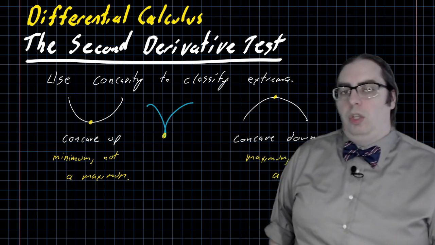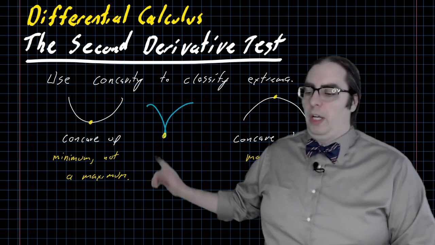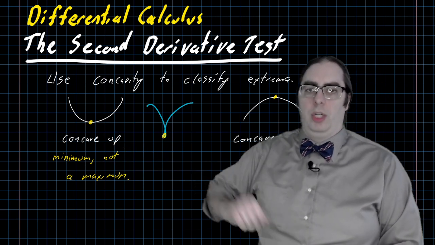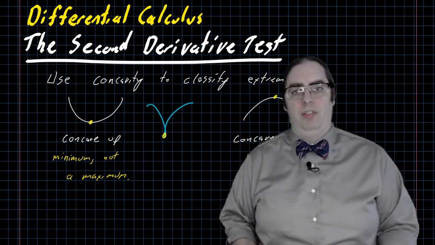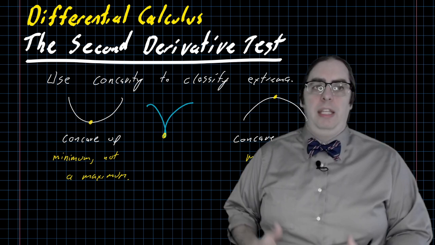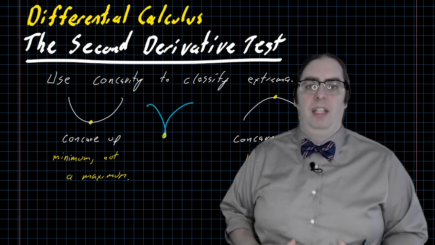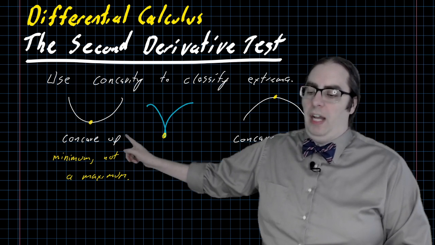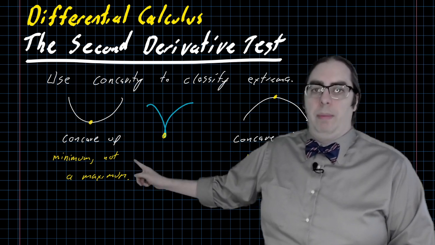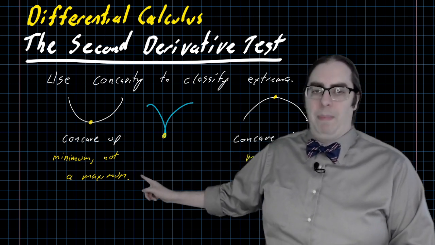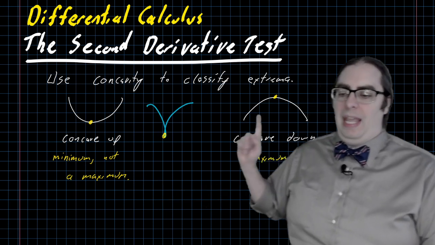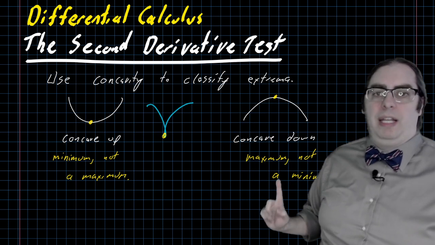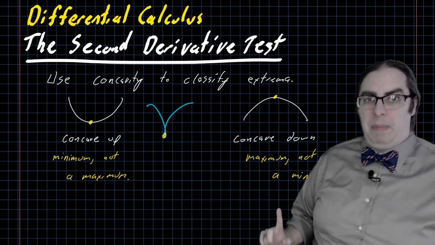All right. So I do not want you to try to remember that minimums only occur when you're concave up. That's not the case. The other direction of that is where things work. If the function is concave up, then the extrema is not a maximum. And if the function is concave down, then the extrema is not a minimum.